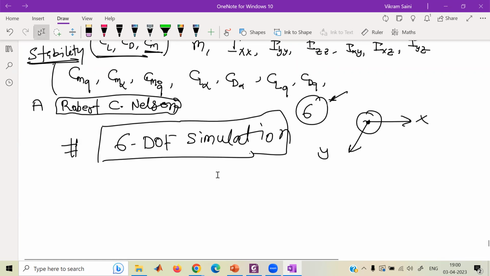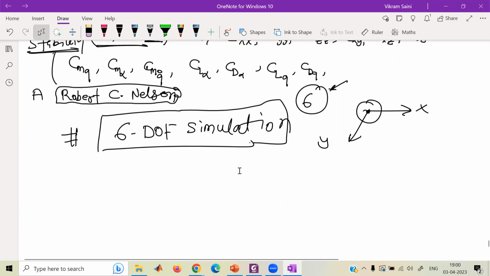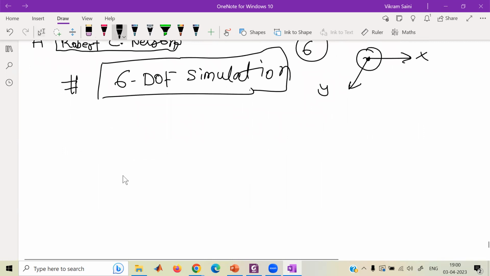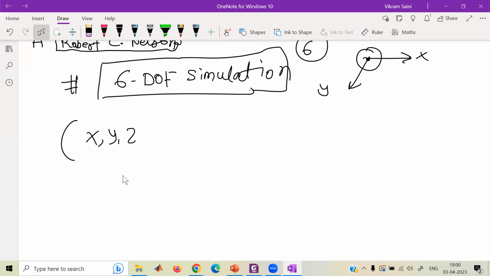When the aircraft is moving in air, you want to know how its states are changing. So you want to quantify the states. When I talk about translational motion, you talk about x, y, and z coordinates in space.